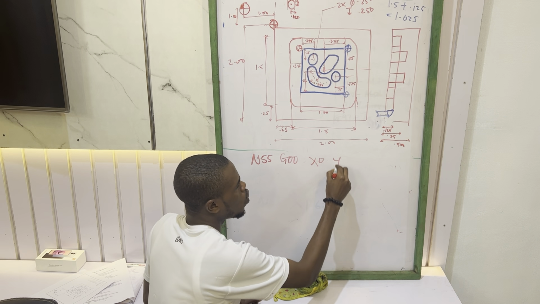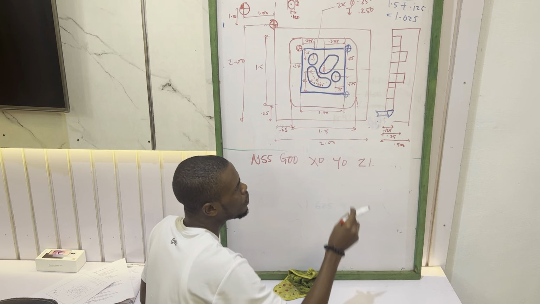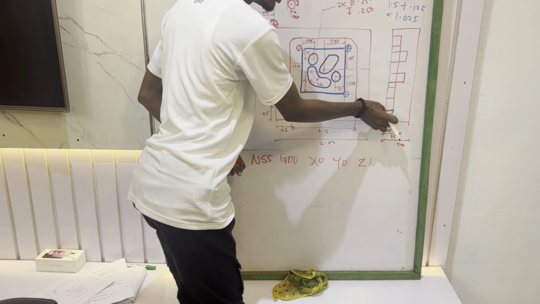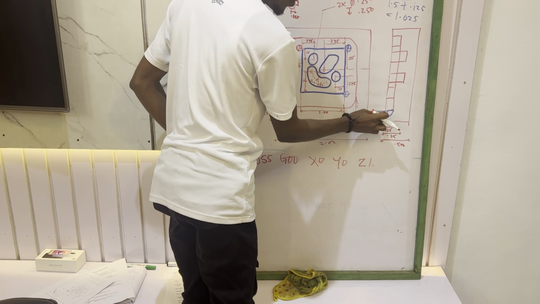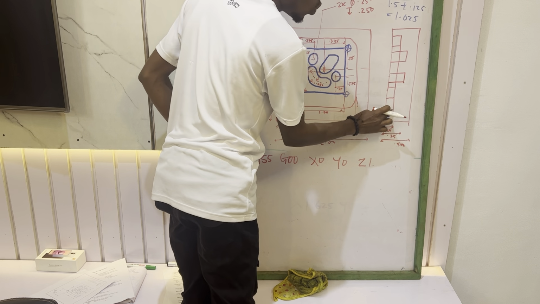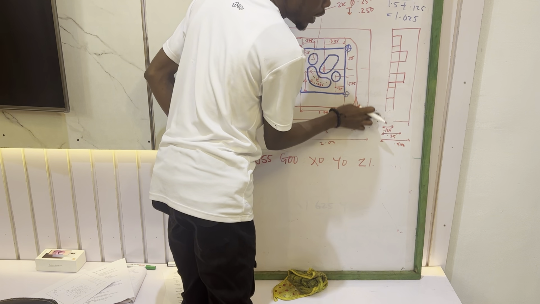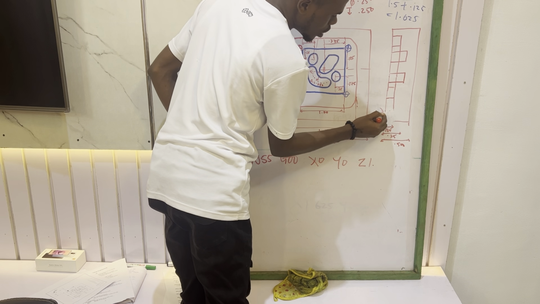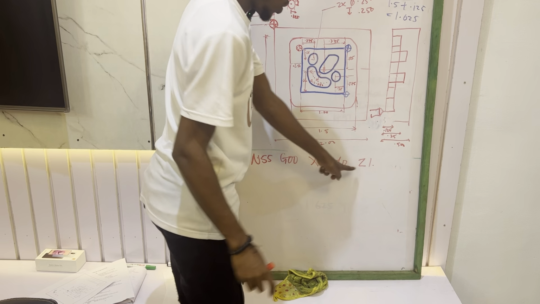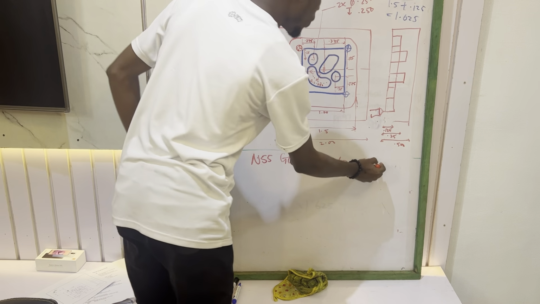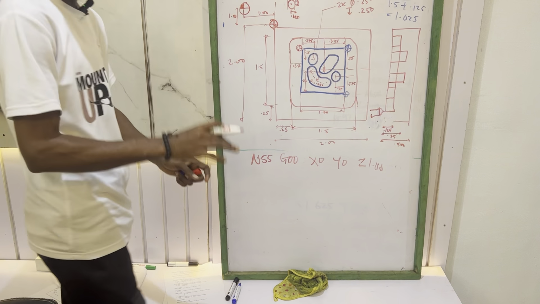This is X0, Y0. Your Z is just a bit above it. The cutting tool has done all this operation; it has gone here and come back to this place. We'll take our cutting tool to be a bit above it, that's why we are putting it at 1 point something. It can be 1.00, it can be 3, it can be 5, just a bit above it.